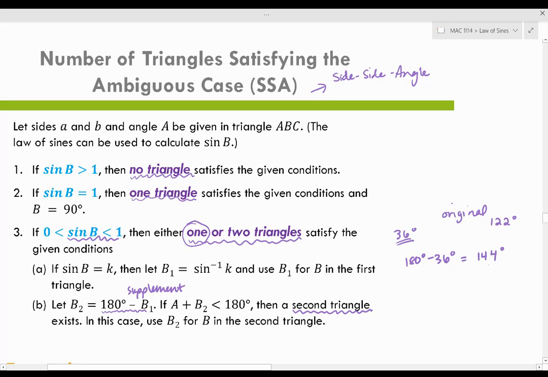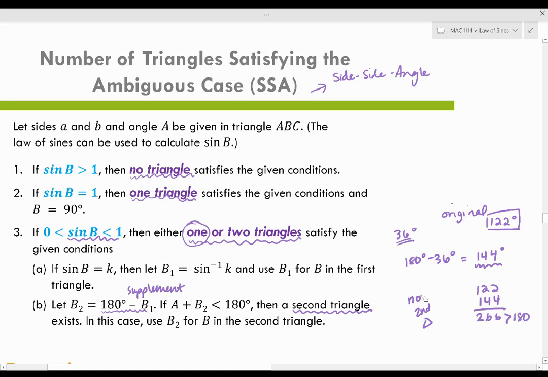I would have to see if 144 adds to my original angle in my scenario. So in this case, 122 plus 144 gives me 266 degrees, okay? In this case, there would be no second triangle, because this sum is greater than 180, all right?